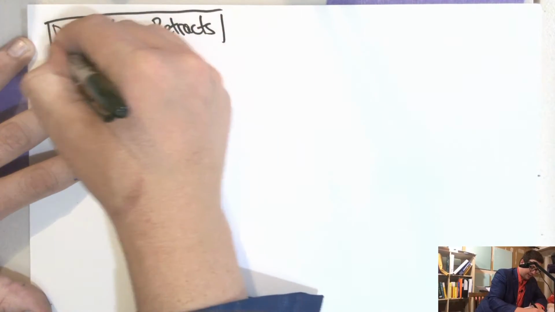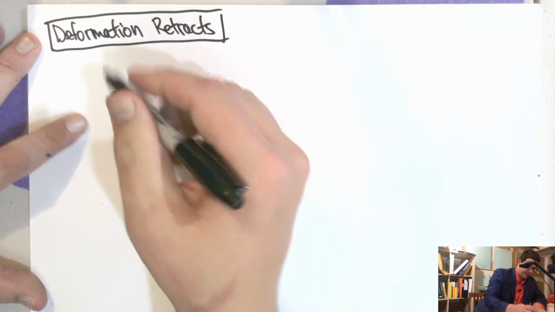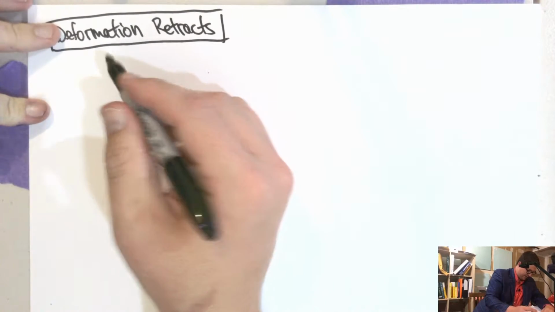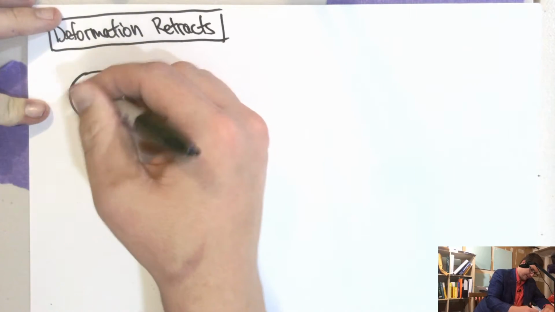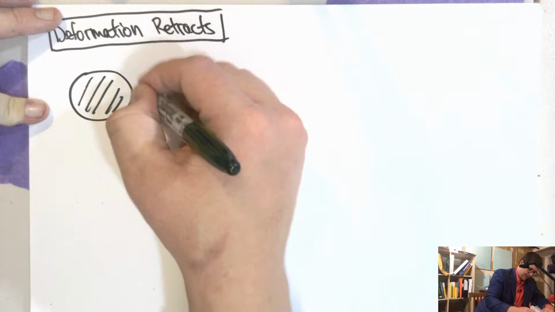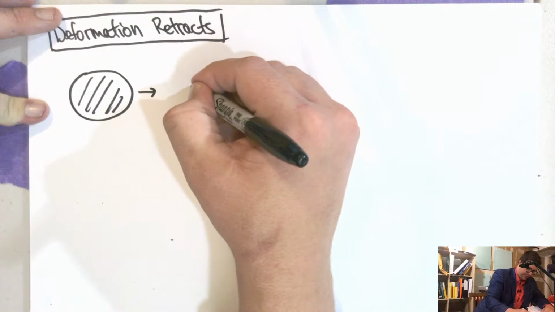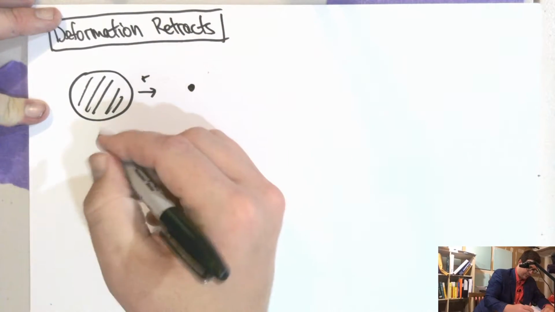Okay, so this is this idea that you'll have a disk right here, and then you can retract it to a point, right?